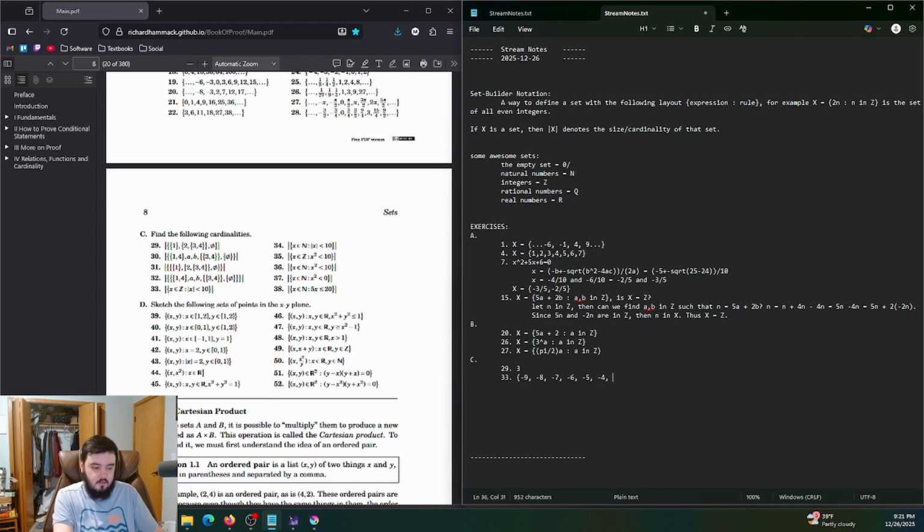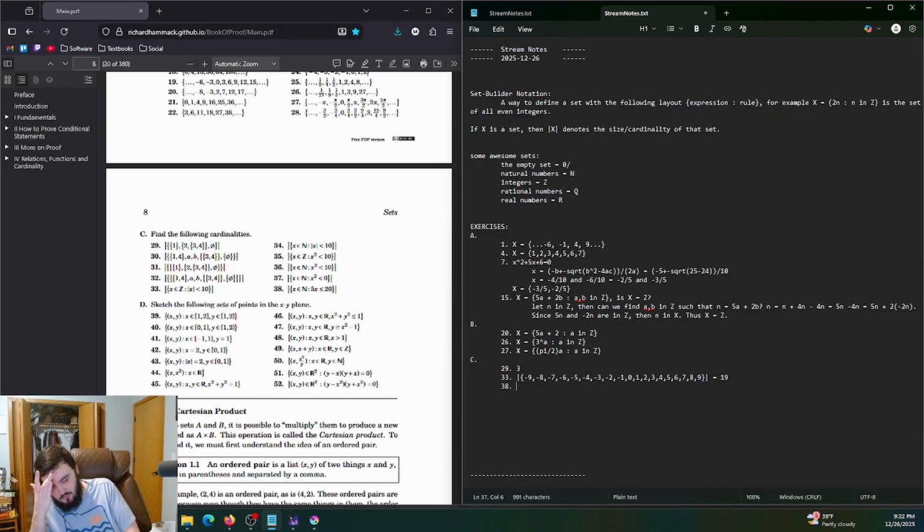I don't know why I'm putting all of these in here, but I'm already halfway, so let's just keep going. All right. This is 19, right? Probably 19. Close enough. Let's do 38 here. x is in the natural numbers such that 5x is less than or equal to 20.